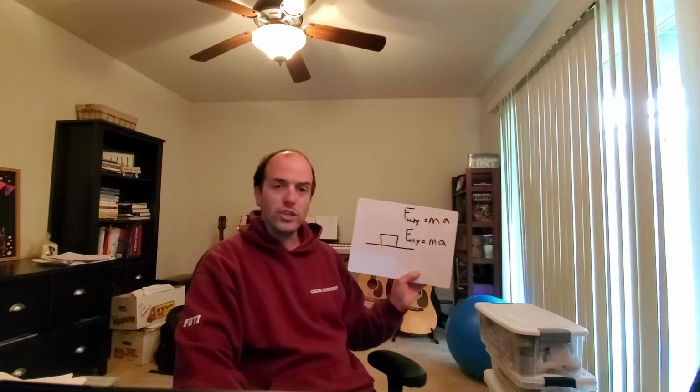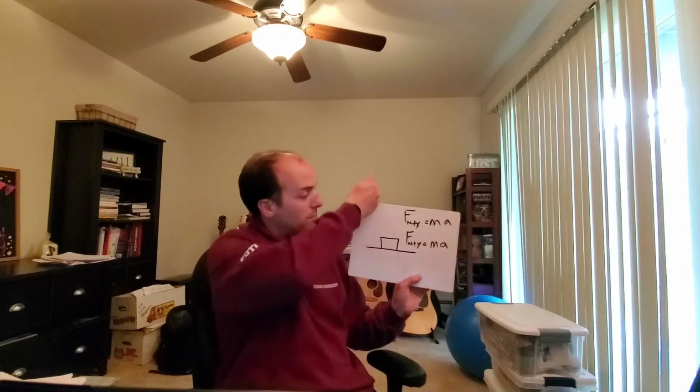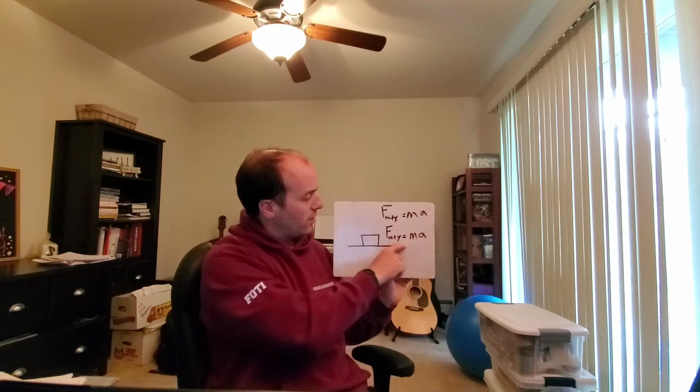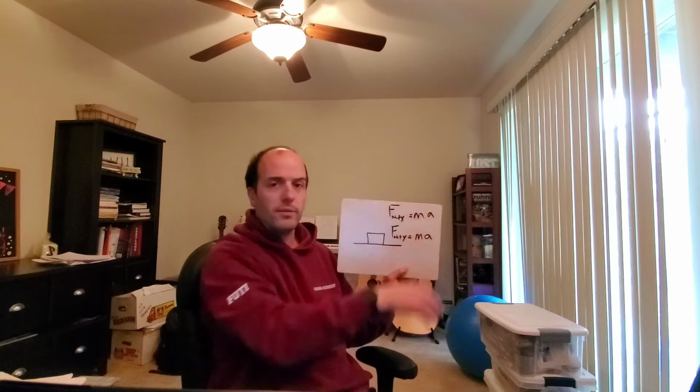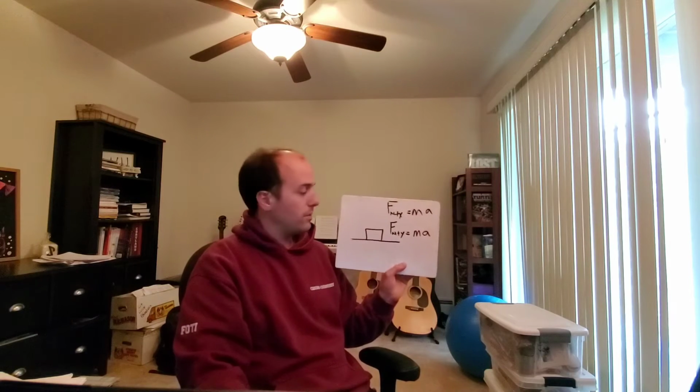Make sure you understand which direction it's accelerating. Is it accelerating up? Because if it's accelerating vertically up, then the acceleration in the x will be 0. If it's accelerating horizontally, the acceleration in the y will be 0. If it's accelerating some other way, you've got to approach that in that way too, right?